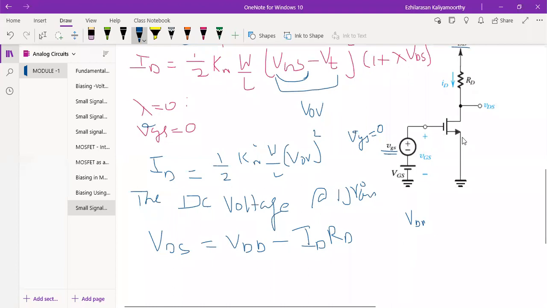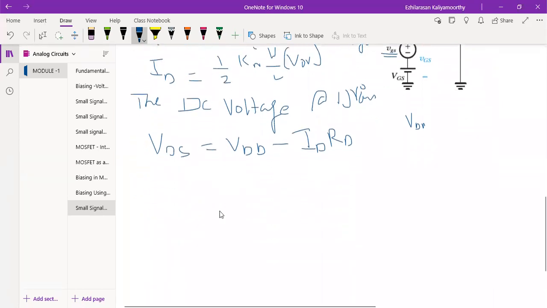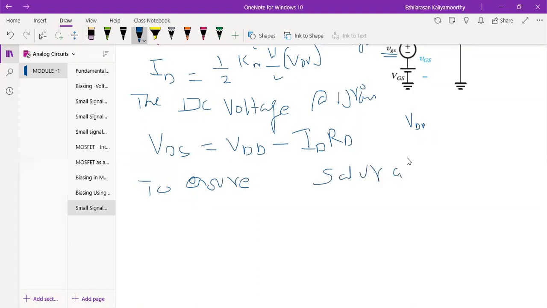Now to ensure it's in the saturation region of operation, which condition does it satisfy? To ensure saturation, your VDS must be greater than VOV.